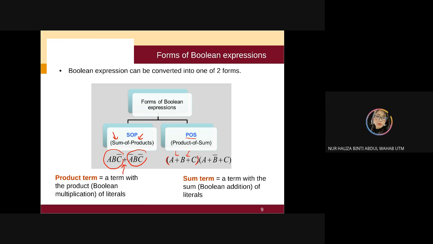I speak Malay because all of you are local students. Okay. This is the product. And then you sum your total, which is all your product you're going to sum. Sum of product.